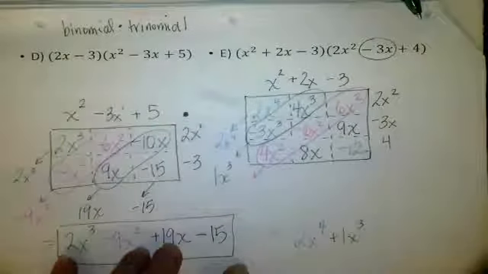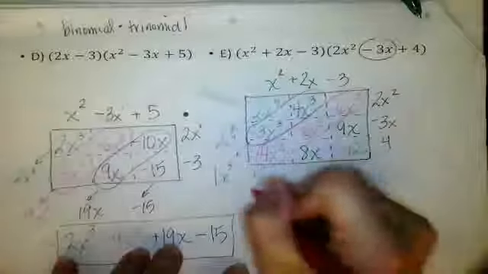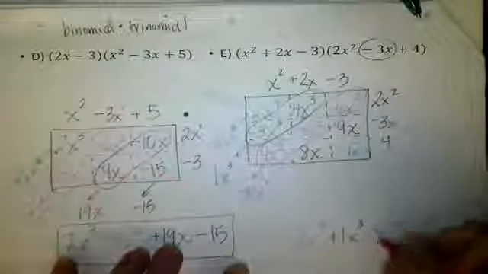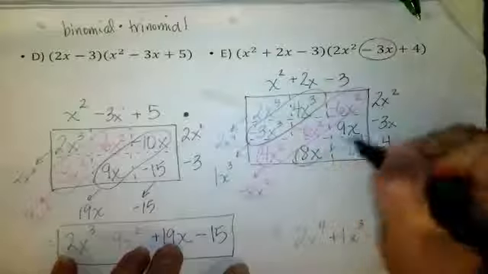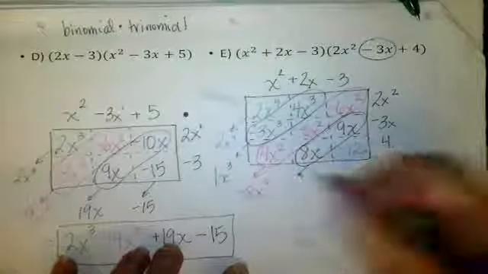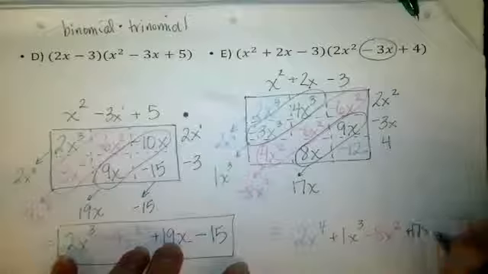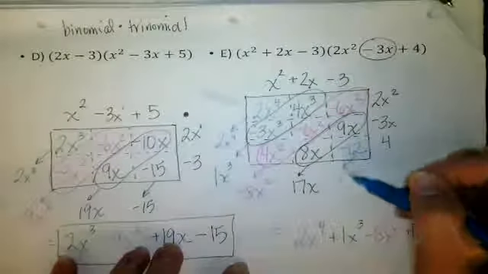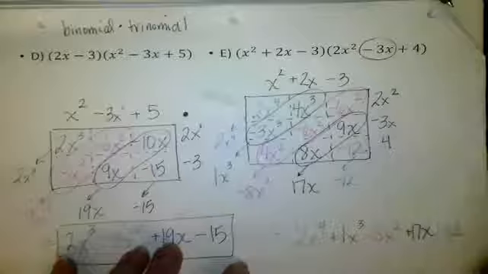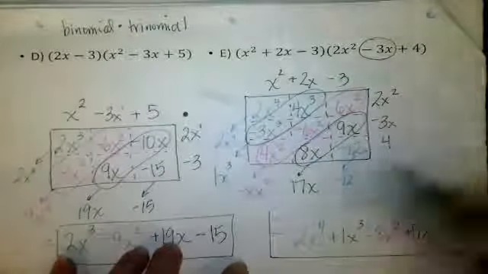What is that? Negative 8x squared. Yep, negative 8x squared. 8x plus 9x is 17x. Yeah, 17x. And then negative 12 doesn't have a like term, so just negative 12. And there is our final product.